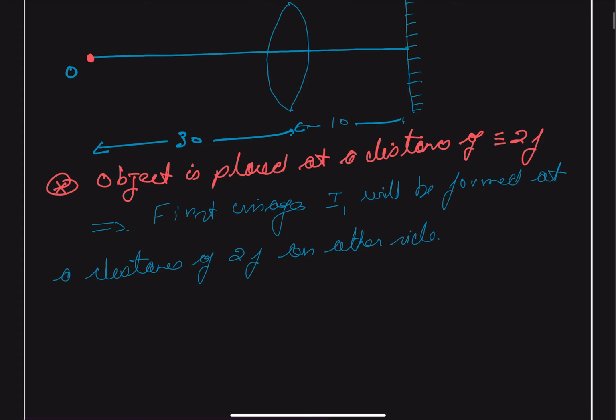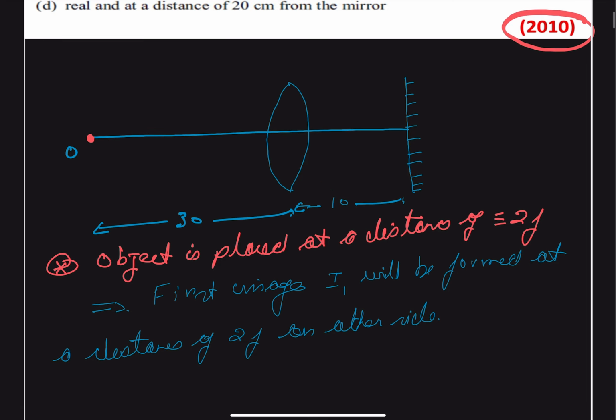So if we extend, the image I1 will be here somewhere and this distance will be, once again, 30. So we get that from the mirror, I1 will be at a distance of 20.